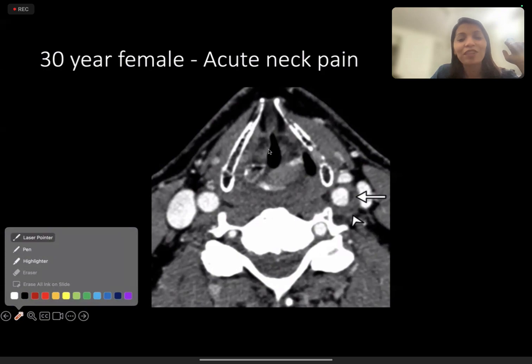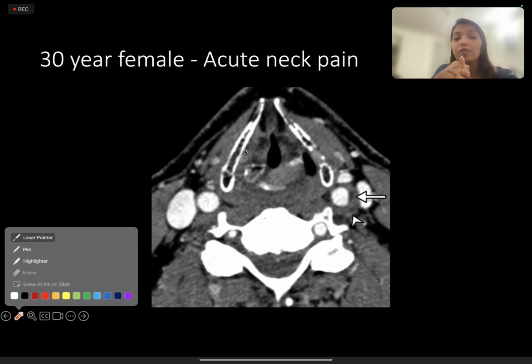How to differentiate between retropharyngeal abscess and the prevertebral abscess? That's a good one. I think it's very hard. Let me tell you, it's very hard, and even sometimes I struggle. But the prevertebral abscess, if you do the MRI, will usually go into the disc spaces as well, and from my experience, it will go into the epidural spaces as well.